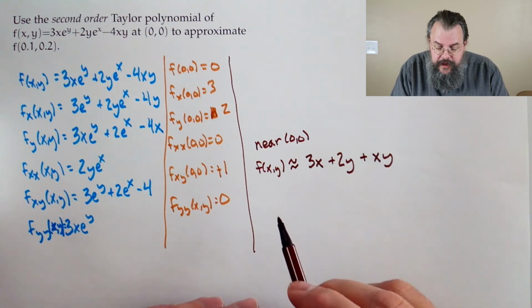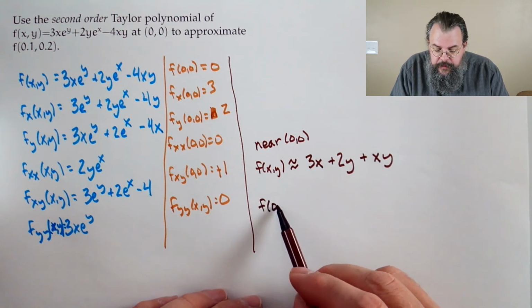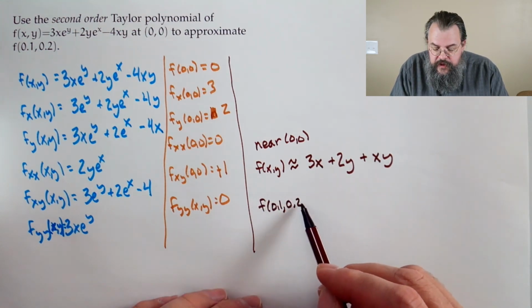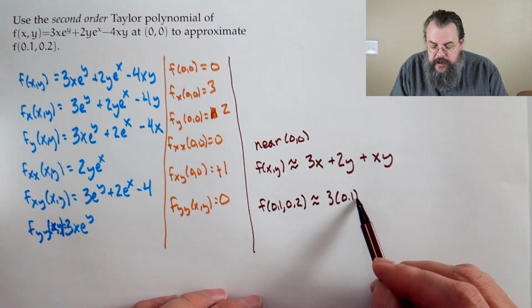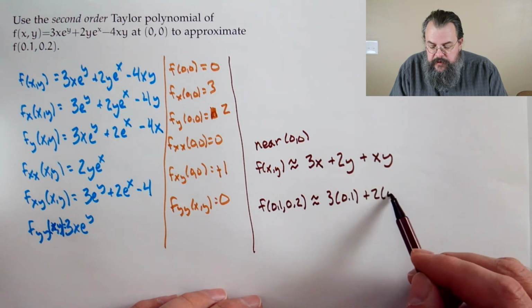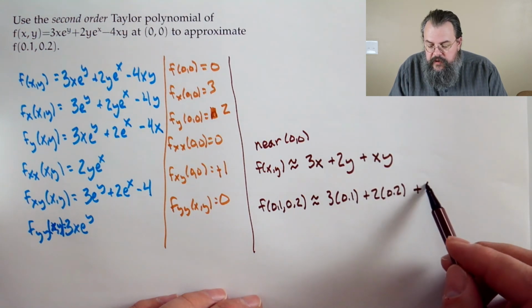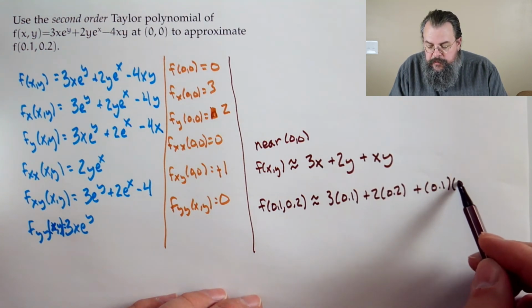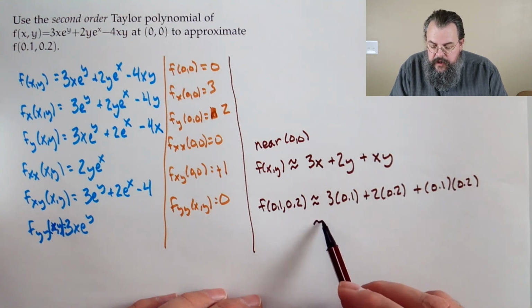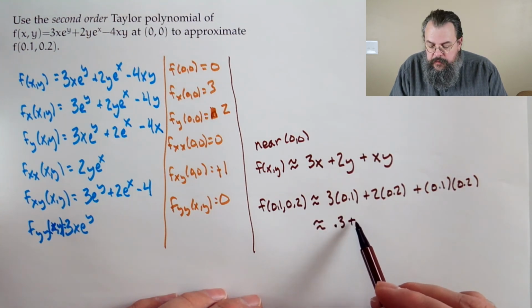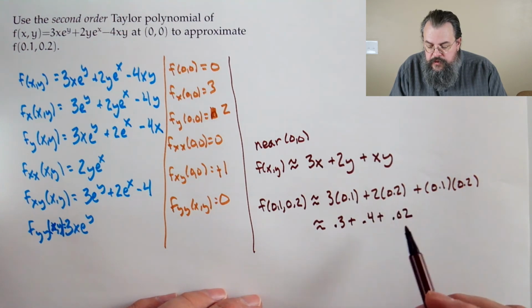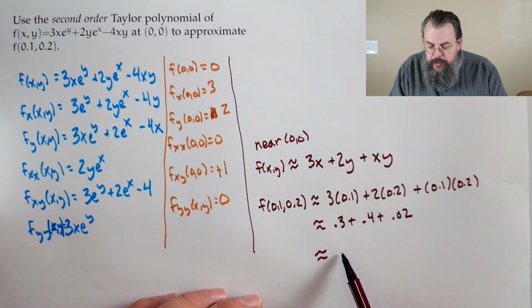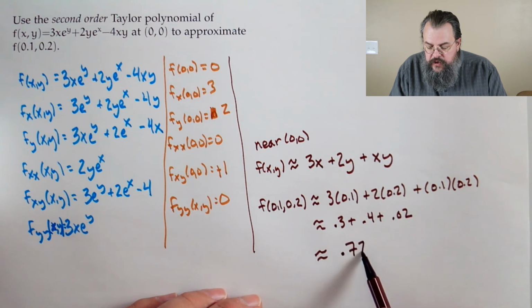All right. So we can say f(0.1, 0.2) is approximately 3 times 0.1 plus 2 times 0.2 plus 0.1 times 0.2. Well, that's 0.3 plus 0.4 plus 0.02, or 0.72.